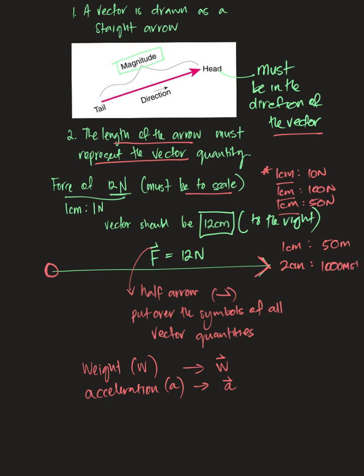Whatever your scale is, it's up to you for that sort of thing. Please make sure you show with these arrows magnitude and direction. There's the magnitude, that's the size of the actual arrow. Direction comes from the arrowhead. So that is how we represent all vectors.